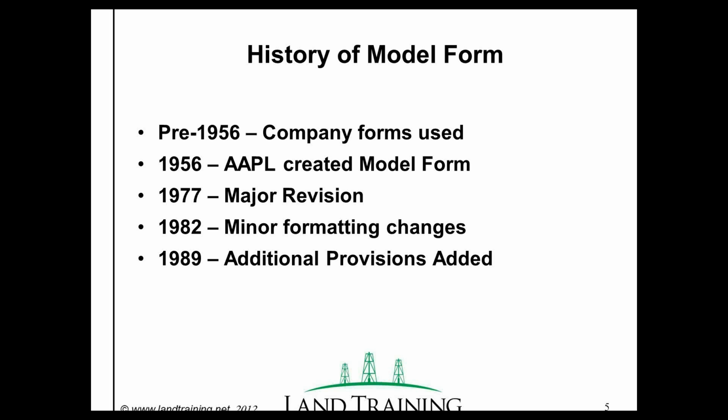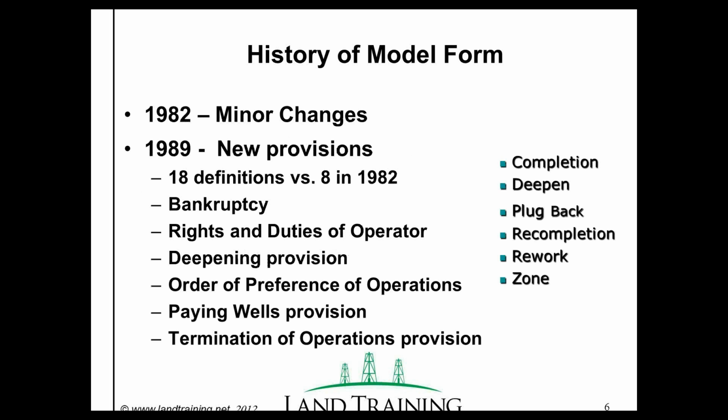Now, let's look at some of these new provisions. This was in 1989. And the 1982 Joint Operating Agreement had 8 provisions, definitions in it, and the 1989 had 18. And they include things like completion, deepen, plug back, recomplete, rework, what a zone is.